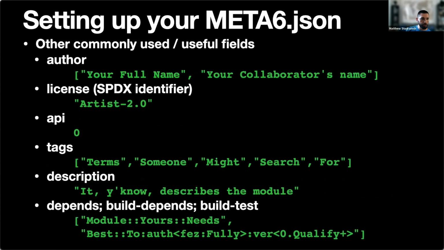Some other commonly used, useful fields, we have author, and this is for your pretty print name, I guess you might call it. It's the one that you actually want to be recognized by. Most people put a full name in there. You can put a full name with nicknames, whatever you want, but it is, and I think this is really great, defined as an array, not as a single string.